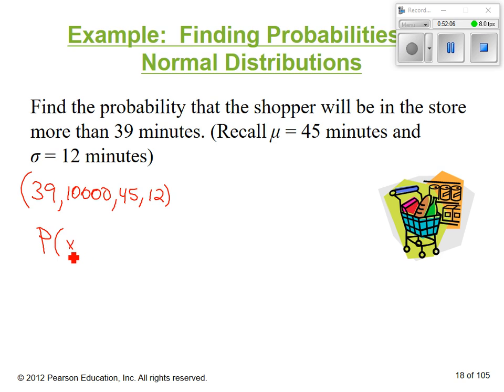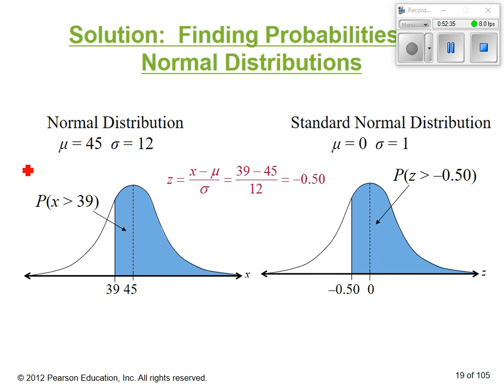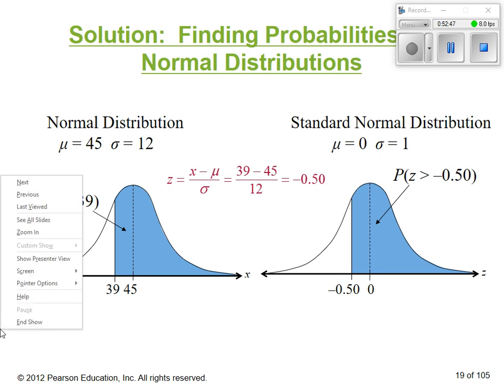Somebody punch that in the calculator, and that's going to tell us the probability that the shopper is in the store more than 39 minutes. .69. So about 69% of the time they're going to spend 39 minutes or more in the store. And again, if you draw the little graph, you can see that 39 is below 45, so it should be higher than 50% of the time. 0.69 is higher than 50% of the time.